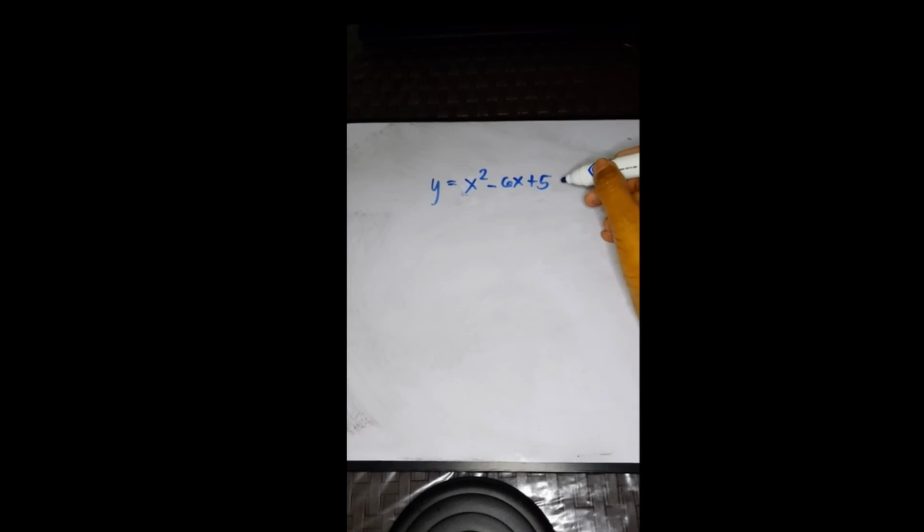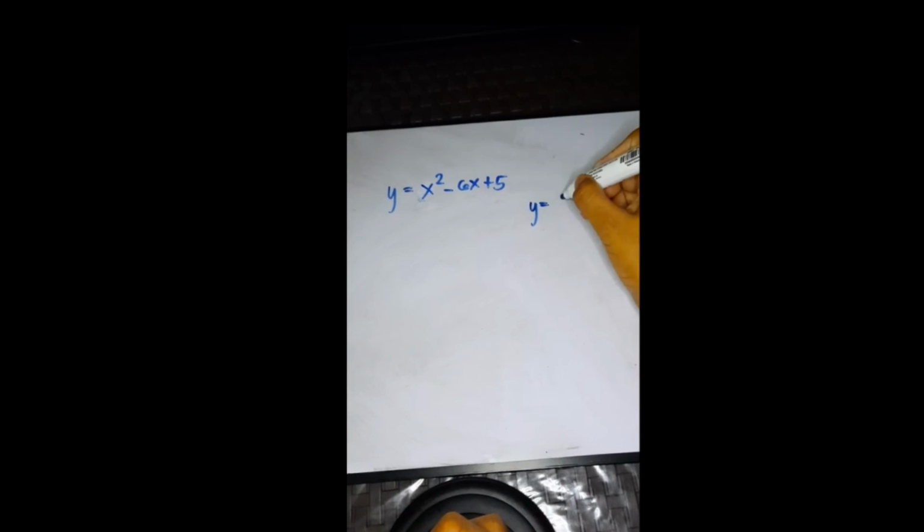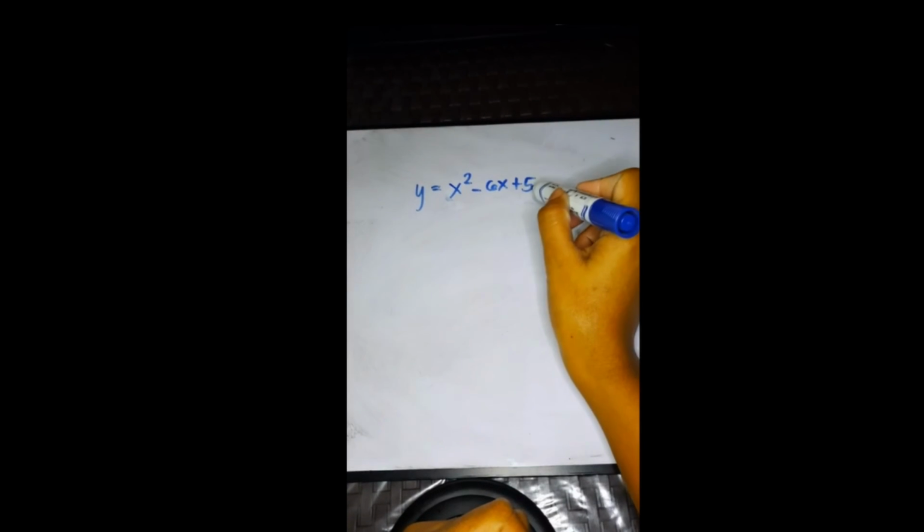Since the quadratic function that is given is in general form, therefore, we need to transform this into the vertex form. So the vertex form, take note, of the quadratic function is determined by the equation y is equal to a times x minus h squared plus k. So we can transform this general form of the quadratic function into vertex form in two ways.